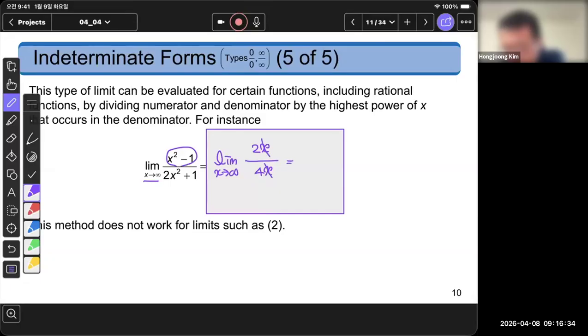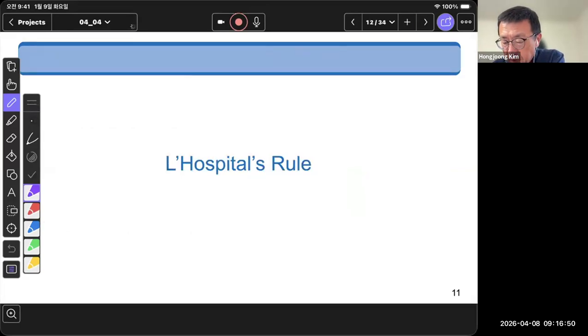So that is the limit of 1/2 as x approaches infinity. So the limit will be 1/2. So that is the result of this limit. Okay.